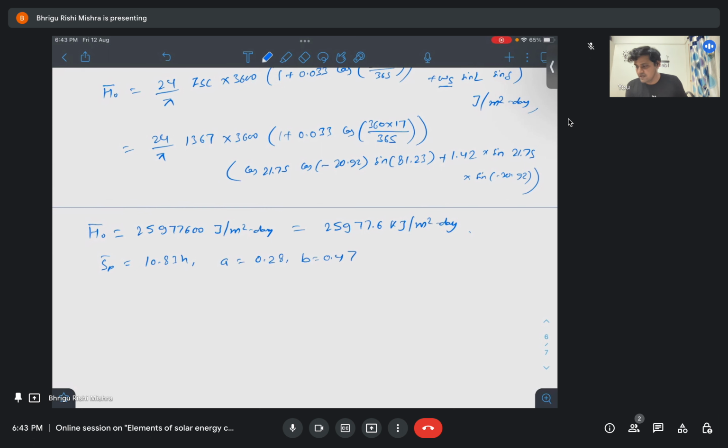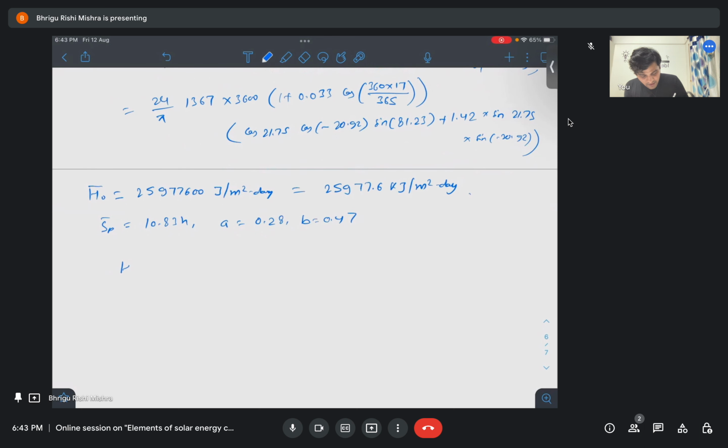Now we can calculate H bar as (A plus B times S_A bar by S_P bar) into H naught bar, where S_A bar is given as 9.8 hours. If we put all the values, it turns out 18322 kilojoule per meter square per day.